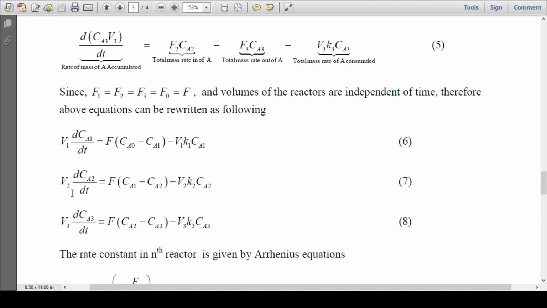Then for reactor 2, V2 dCA2/dt equals F (CA1 minus CA2) minus V2 K2 CA2. Then for reactor 3, V3 dCA3/dt equals F (CA2 minus CA3) minus V3 K3 CA3.